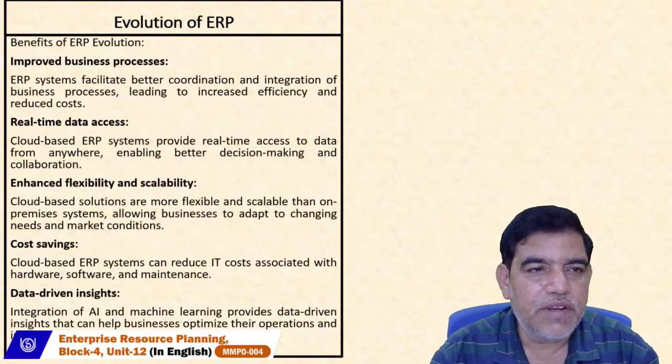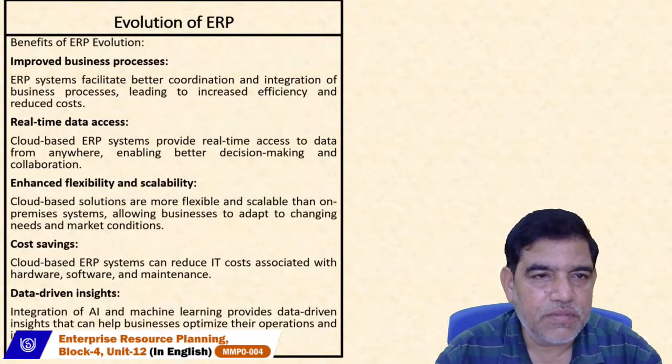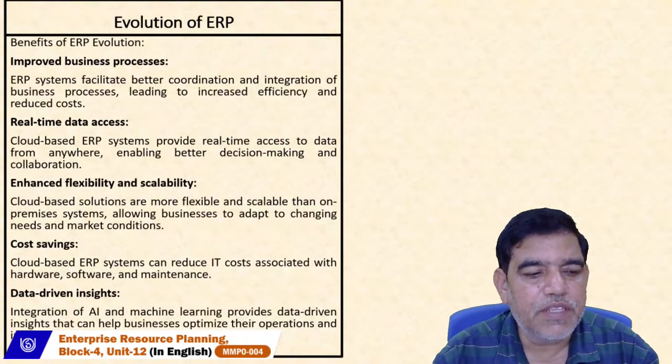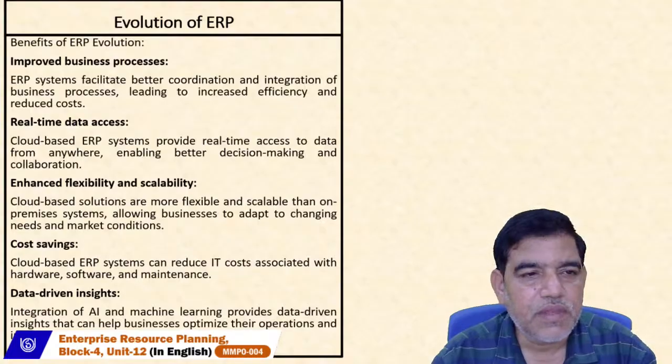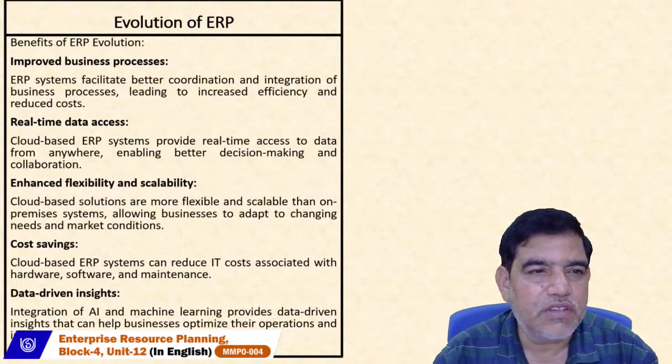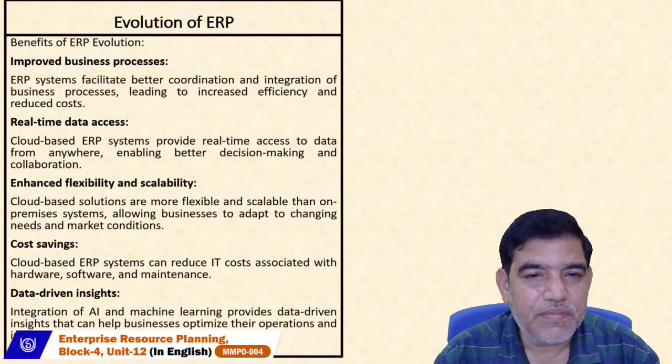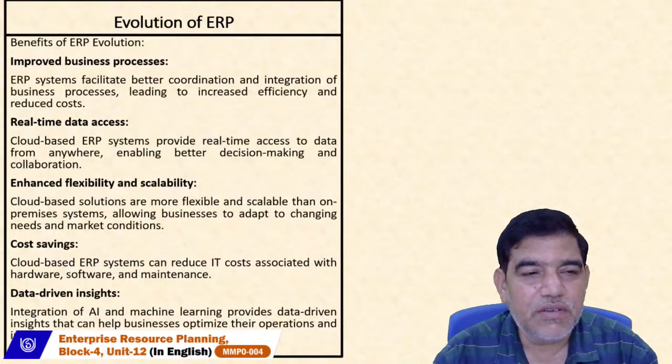So the benefits of the ERP evolution. The benefits are improved business processes. ERP systems facilitate better coordination and integration of the business processes, leading to increased efficiency and reduced cost. In a simple way, in the earlier days, we kept our records, files, all the transactions by using pen and paper.